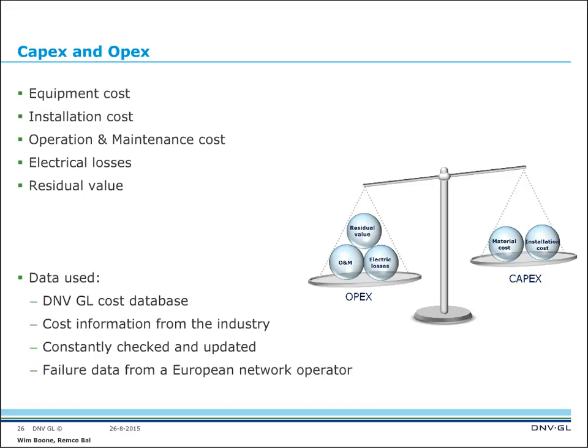For this analysis, we used mainly the DNVGL cost database. We built a database that has cost information from the industry, which we check and update regularly. This makes it possible for us to make an estimation of labor cost, but also equipment cost and construction cost and such. We were also able to get some failure data from a European network operator, which included the conductor type, so the difference between copper and aluminum.